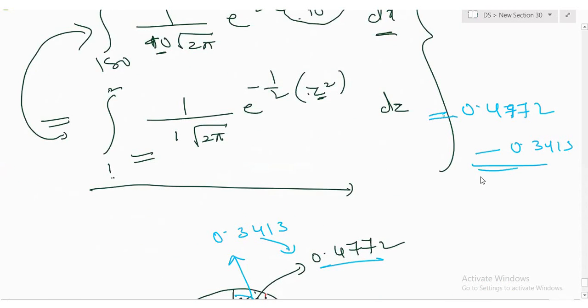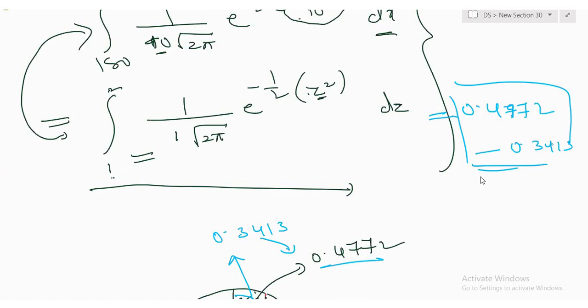They simplified and kept it ready, but they always assume mean as 0 and standard deviation as 1, because they cannot do it every time with a change in mean and different mean and sigma square values. So if you take any data following the normal and calculate the Z, it is always going to have 0 mean and standard deviation of 1. So they prepared the table based on that.